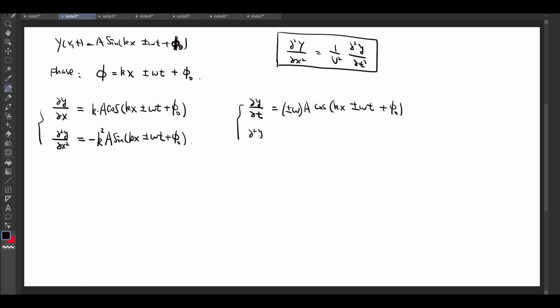Now the second derivative with respect to time is then given by, we bring out another plus or minus omega, and then they will cancel exactly with the sign here. So we get omega squared, but we also need to add a negative sign here because the cosine becomes sine. The derivative for cosine becomes a negative sign.